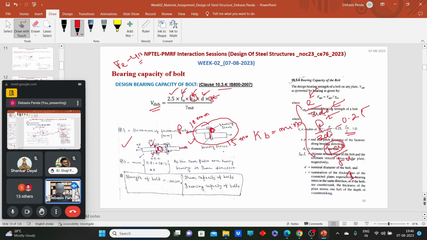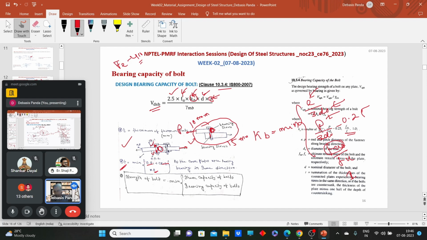So what T should I consider during the calculation of bearing stress? These two faces are on the same side, so we have to sum them: the summation of cover plate 1 and cover plate 2 on one side, and the main plate on the other. So T will be the minimum of these two, the cover plates or the main plate, whichever is minimum.